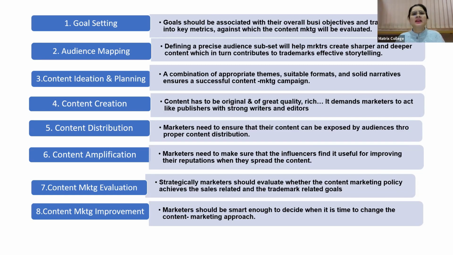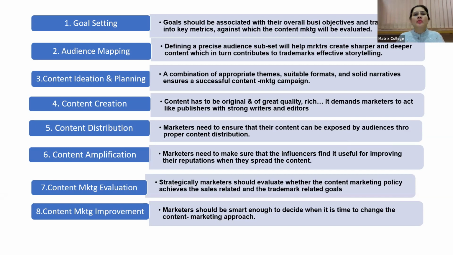The significant advantage of content marketing over traditional marketing is that it is highly accountable. We can track performance by content theme, content format, distribution channels, right? So performance tracking is very useful for analyzing and classifying the opportunities for improvement at very granular levels, at the very smallest levels.